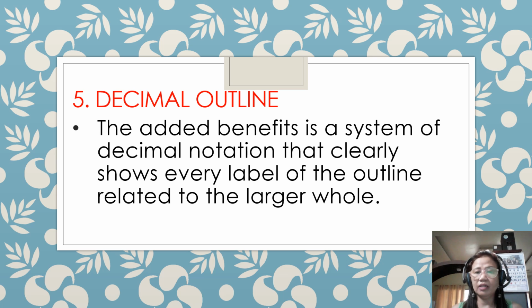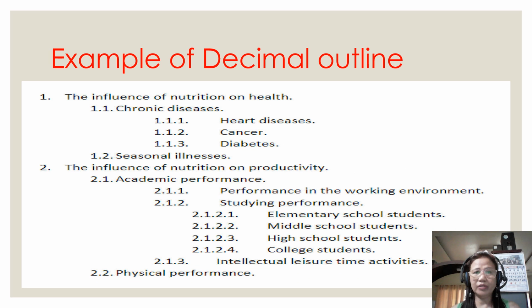It is very similar to an alphanumeric outline, but differs in the sense that a decimal outline uses decimals to note headings and subheadings. The main heading is noted by a whole number, while a subheading is noted by a decimal that builds from the main heading. So this is an example of a decimal outline.